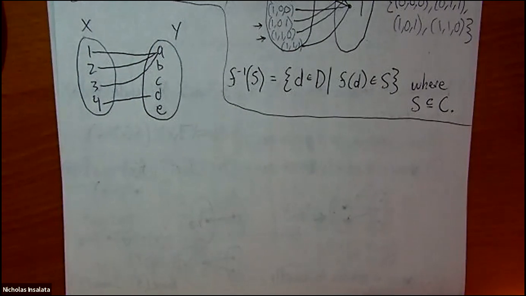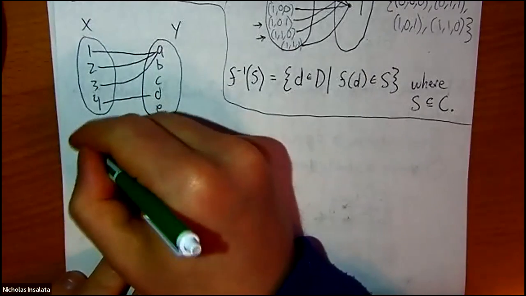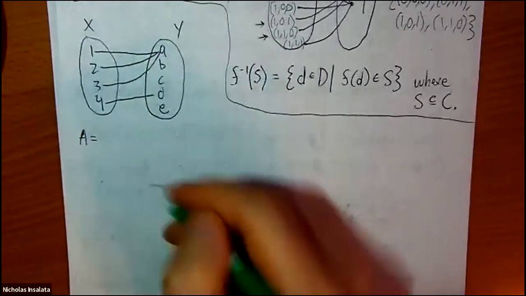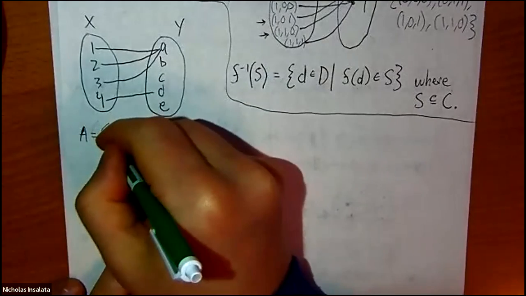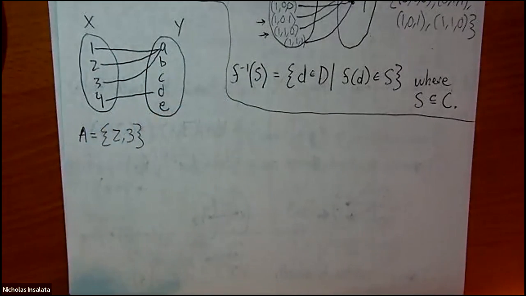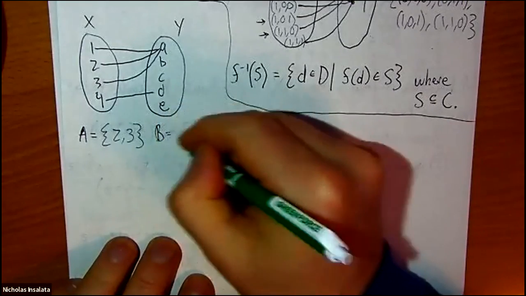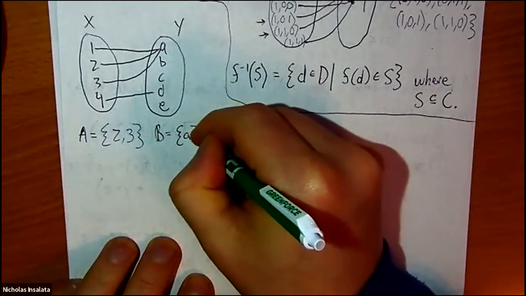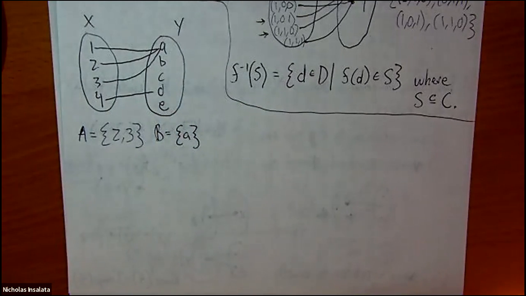So if capital A, this set, equals 2, 3, set B is, oh, sorry. Yeah, B equals the set A. C is the set BC.